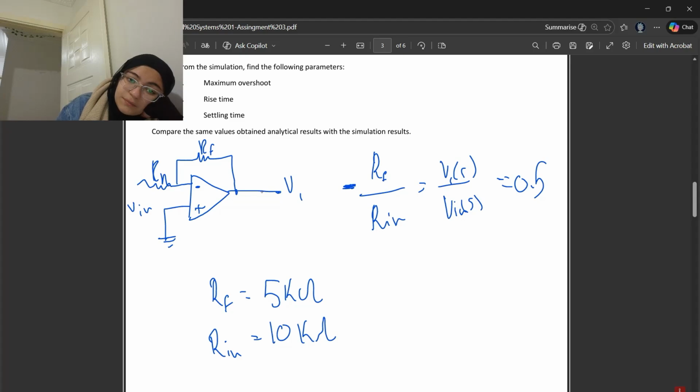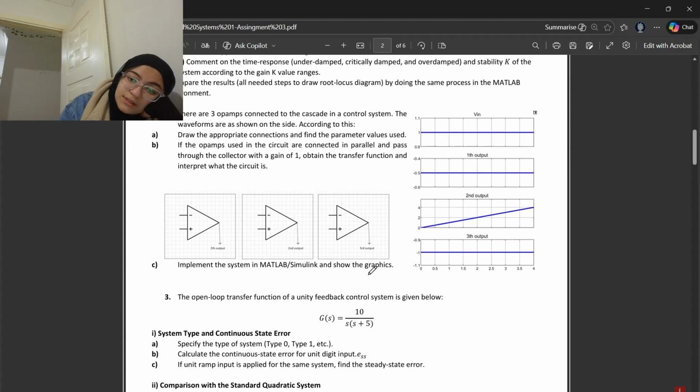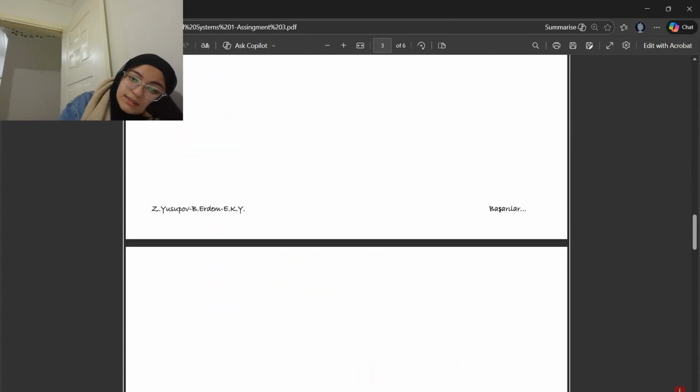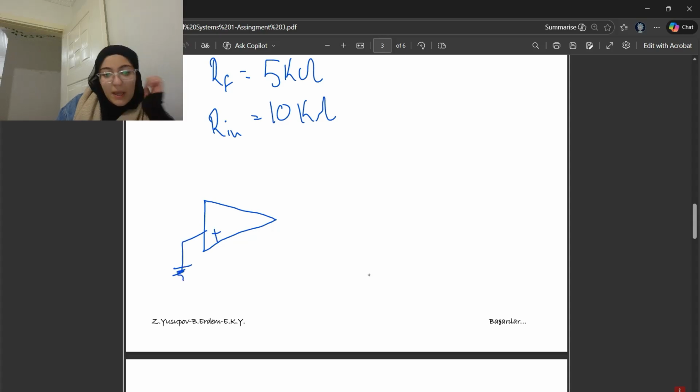For the second op-amp, it's an integrator op-amp. How did I know it's an integrator? Because of the ramp waveform here. So let me draw it. Here is also an inverting op-amp, and here we will have a capacitor.